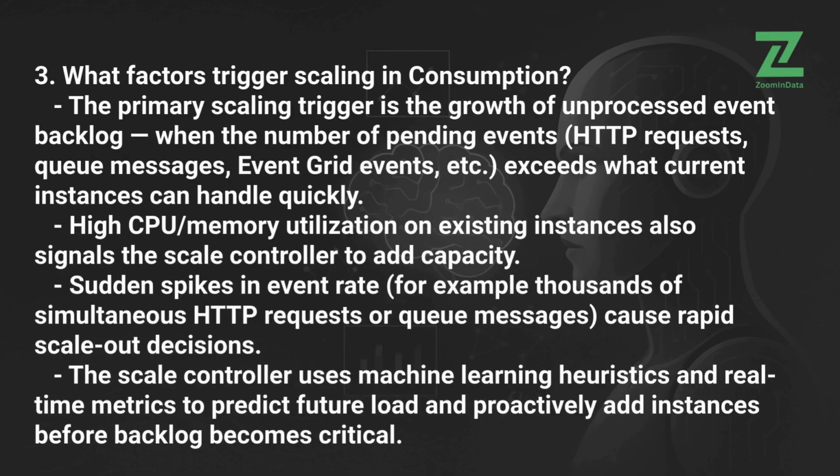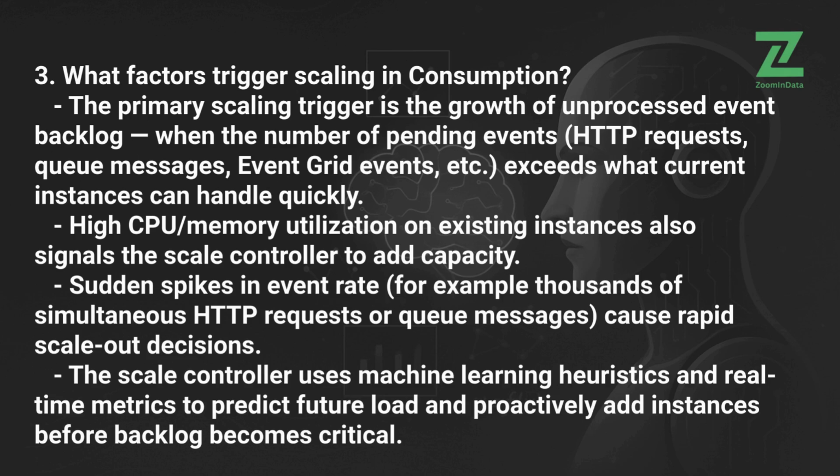3. What factors trigger scaling in consumption? The primary scaling trigger is the growth of unprocessed event backlog, when the number of pending events, HTTP requests, queue messages, Event Grid events, etc., exceeds what current instances can handle quickly. High CPU and memory utilization on existing instances also signals the scale controller to add capacity.